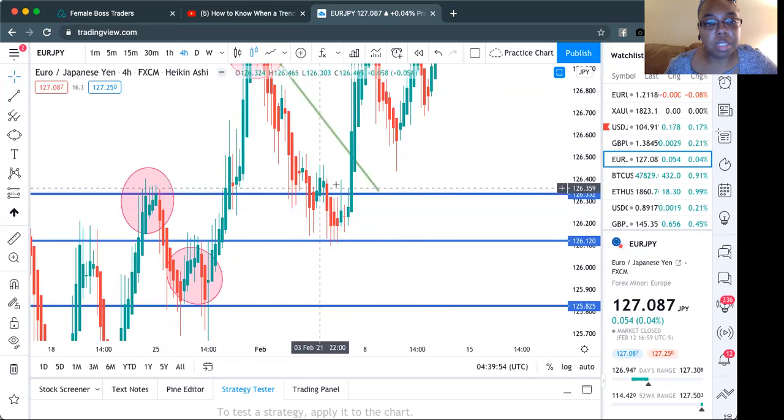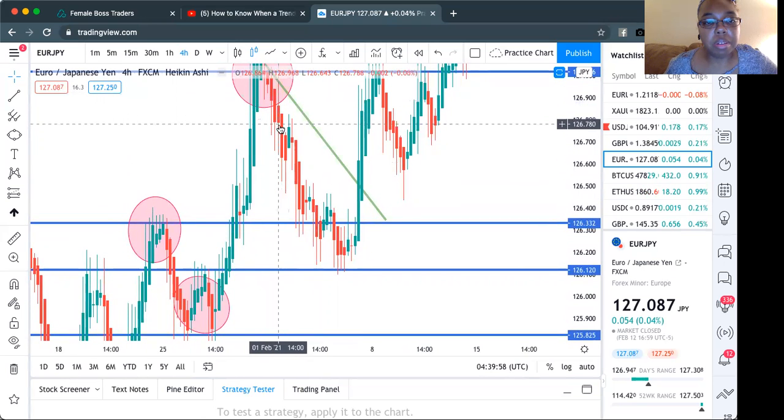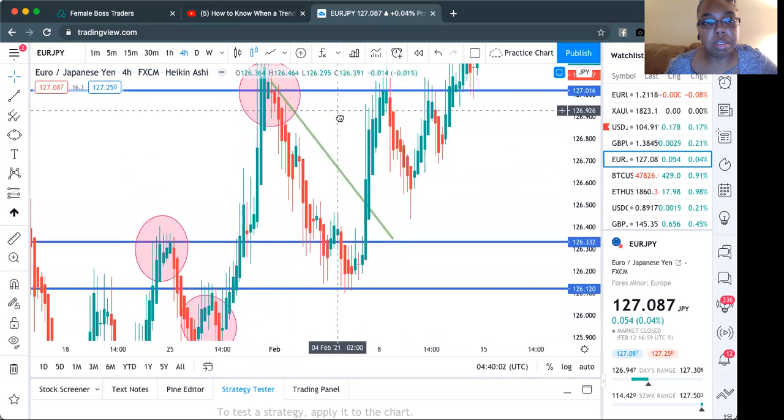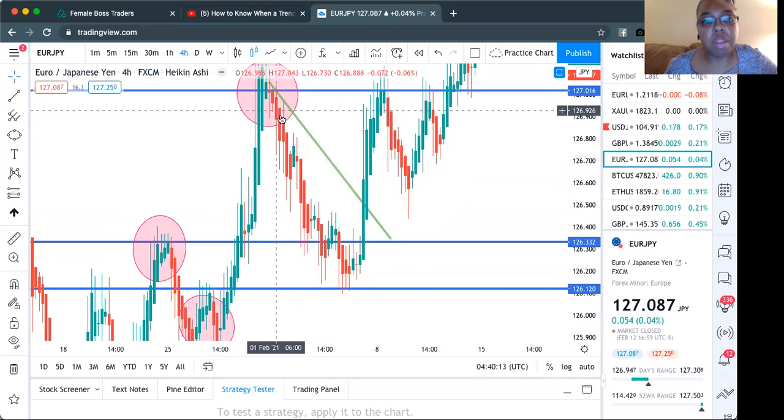Some consolidation is happening here, but you could have made a little bit of money going down here. Could have caught some here. And then I would have caught some here.